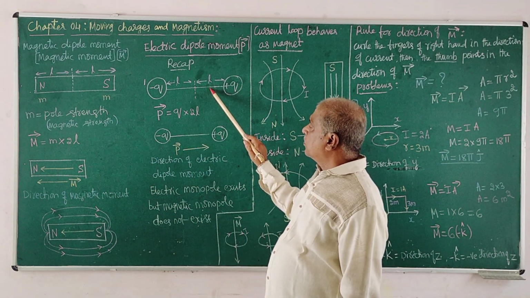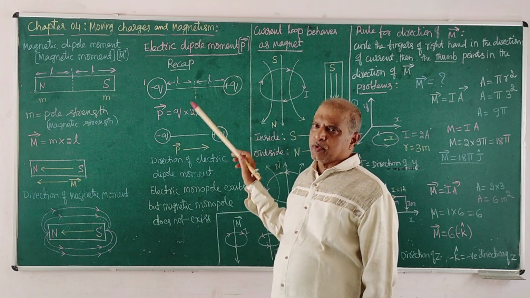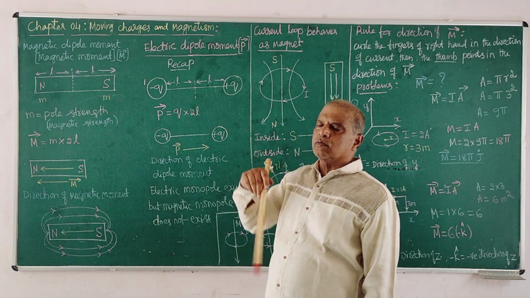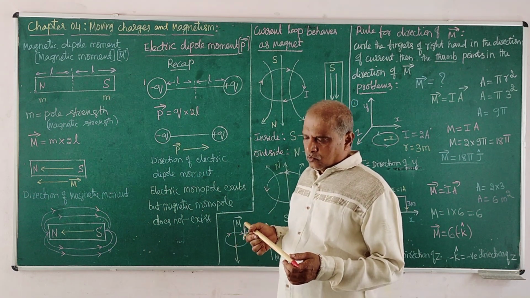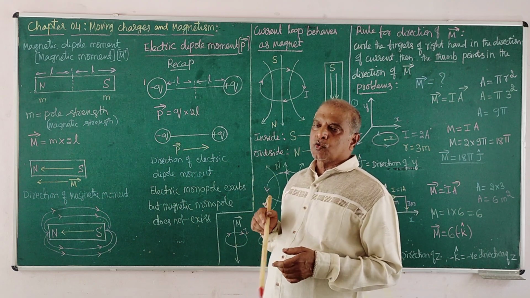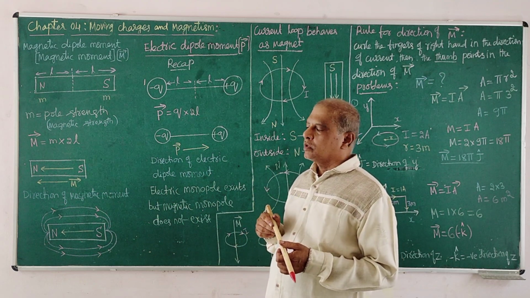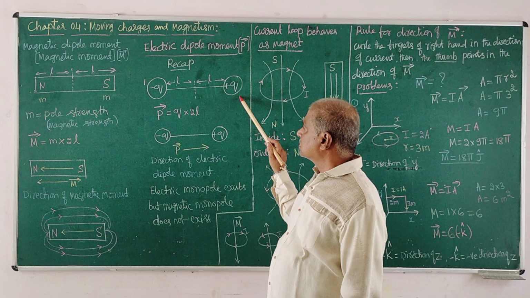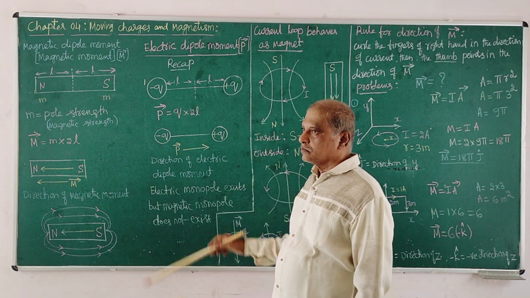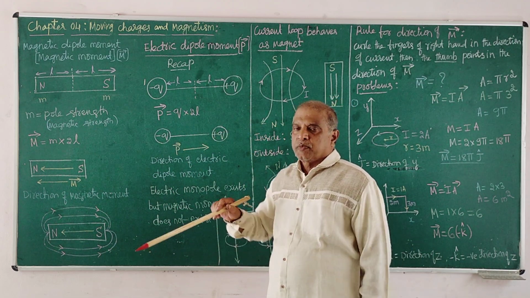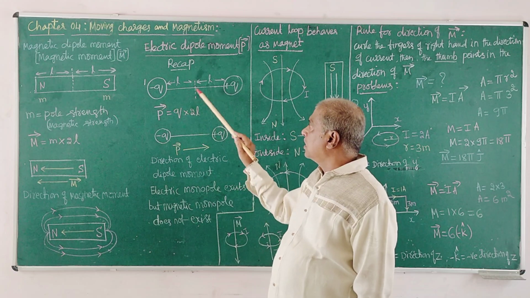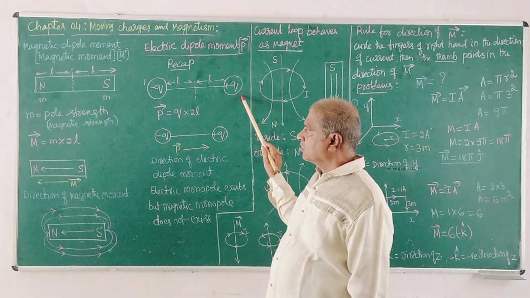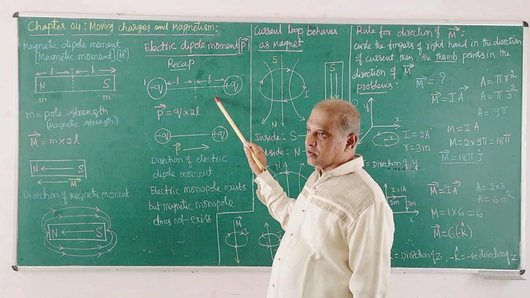An example for an electric dipole is of course microscopic, a single molecule. An example is the HCl molecule. H carries positive charge, Cl carries negative charge. The distance of separation is the bond length between H and Cl. That is microscopic, of course.